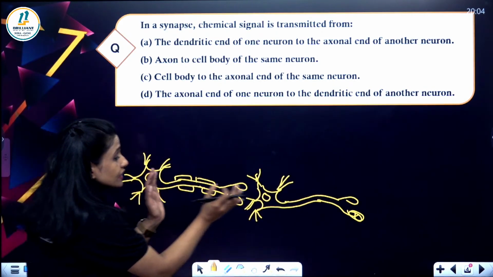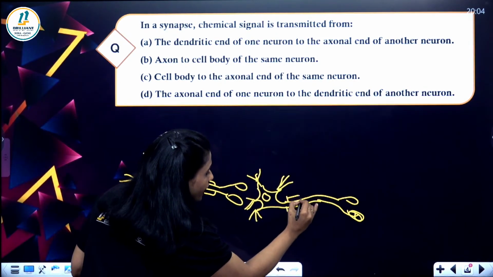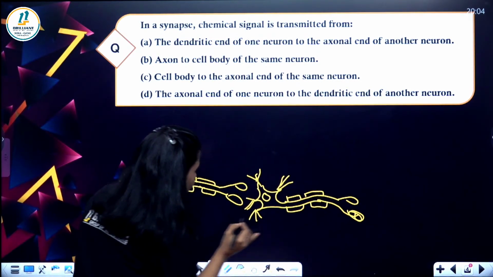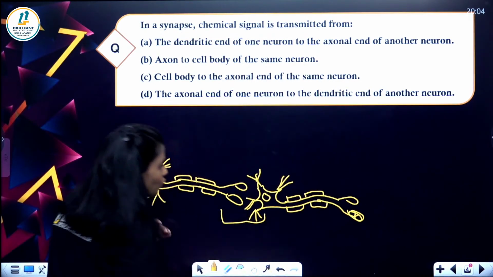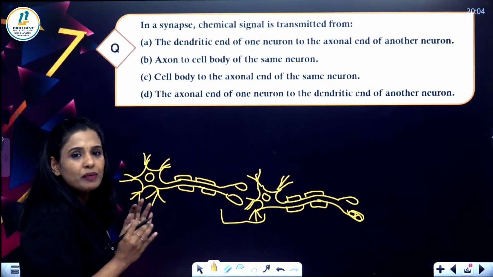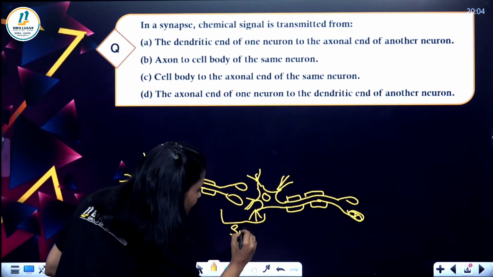In between these two neurons, there is a microscopic gap. The microscopic gap is called a synapse.